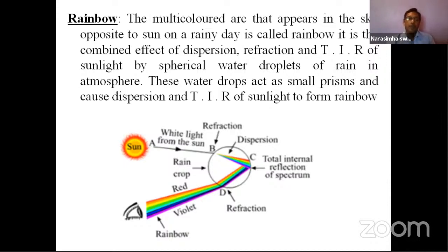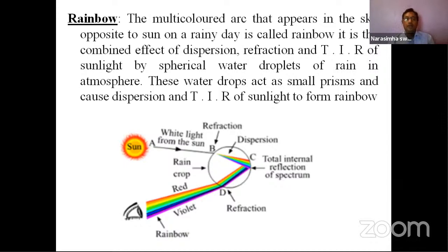A rainbow is a multicolored arc that appears in the sky opposite to the sun on rainy days. It is the combined effect of three parts: dispersion, refraction, and total internal reflection of sunlight by spherical shaped water droplets.